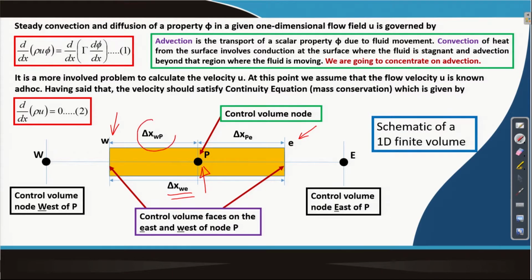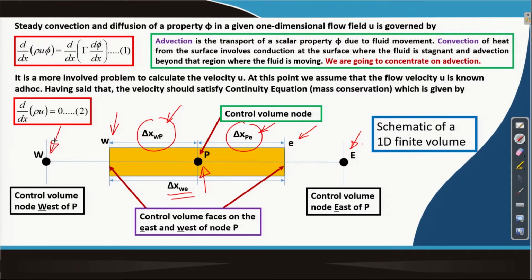Now, if we want to define other distances, let us say from node P to face E or node P to the face W, etc., this is how the distances could be specified. Again, there would be neighboring nodes like we have over here. The node which is to the east would be generally marked as capital E, to the west would be marked as capital W, and so on.